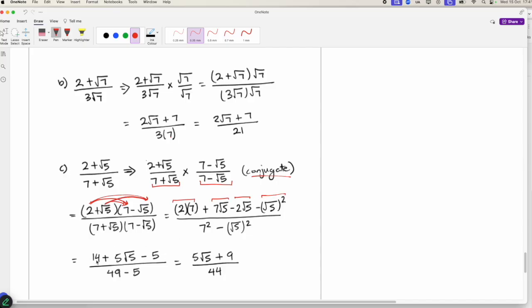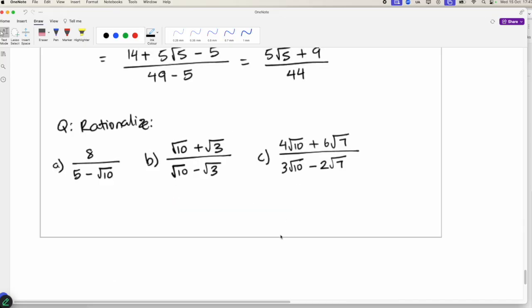So that'll give me 14 plus 5 root 5 minus 5 all over 49 minus 5, which will give us 5 root 5 plus 9 all over 44. We have rationalized the denominator. There is no more irrational surd in our denominator. It's bad manners in mathematics to have a surd in your denominator.